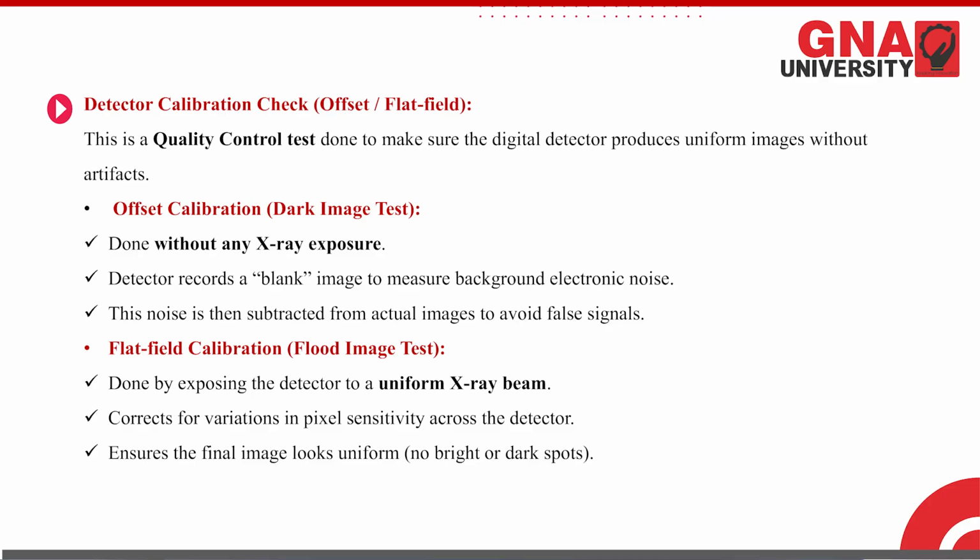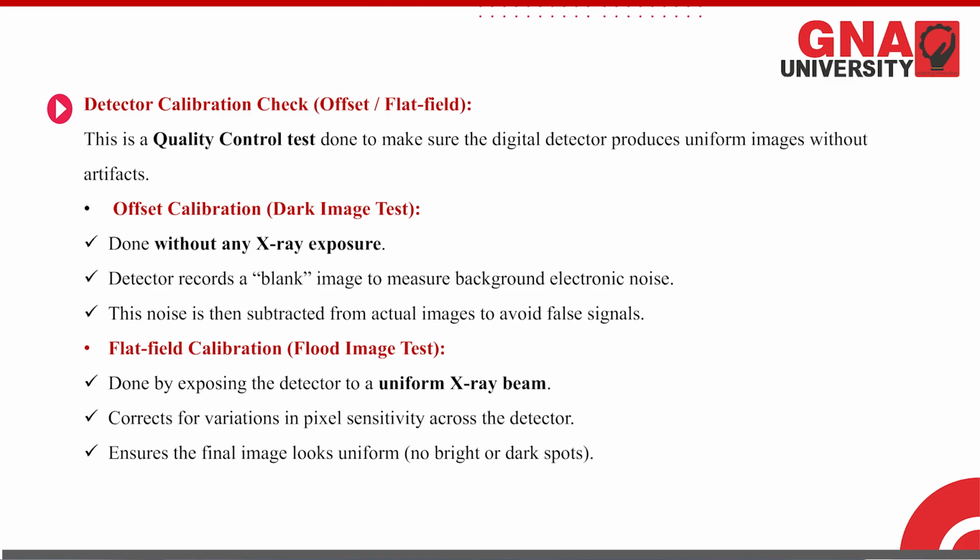When we expose these detectors, we can get an image, and we ensure that the final image looks uniform. If it looks uniform, then we know that our detectors are working properly. They don't have any variation in the pixel sensitivity. They are highly sensitive to radiations.